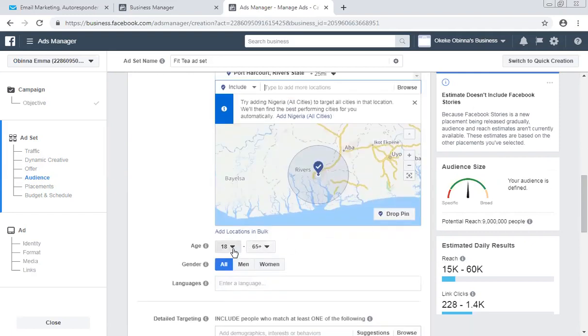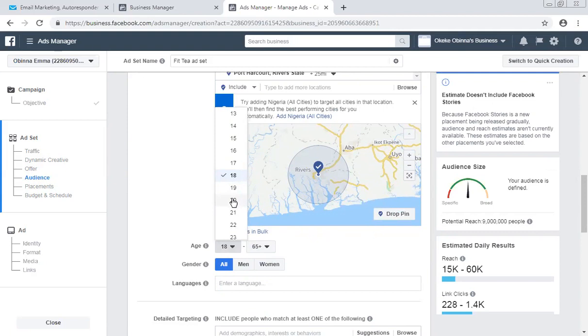So age. When we used our audience insights, we found out that those that are interested in weight loss products, they want to lose weight, they are mainly between the age of 25 and 34. But from experience, I might not necessarily be so rigid with this age range. The reason is that most people come on Facebook and they don't give their real age.